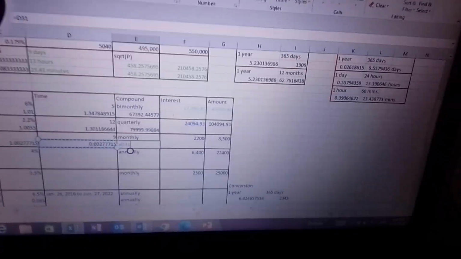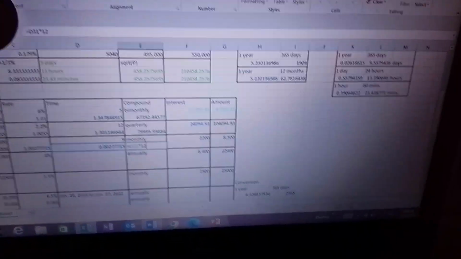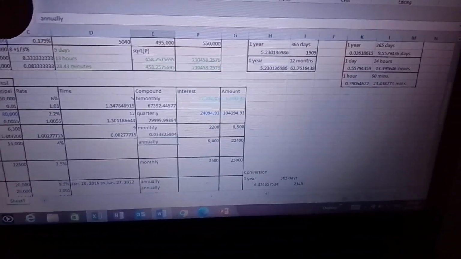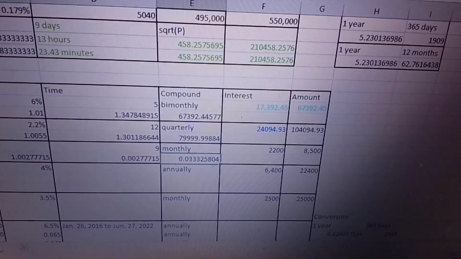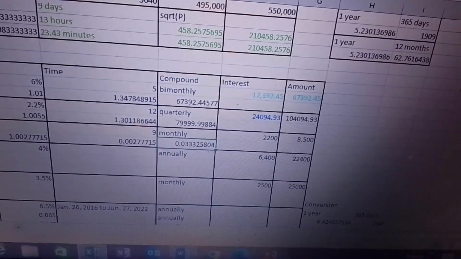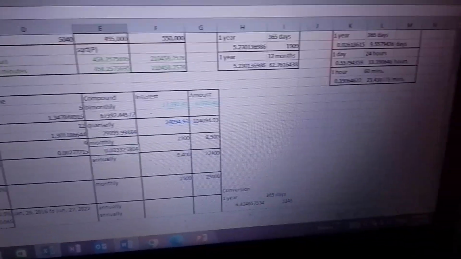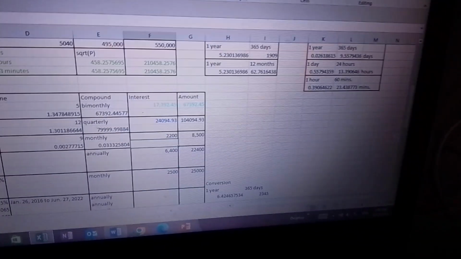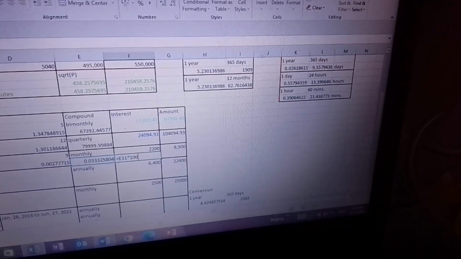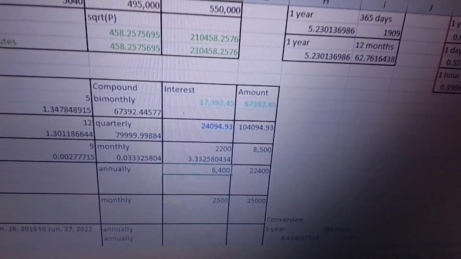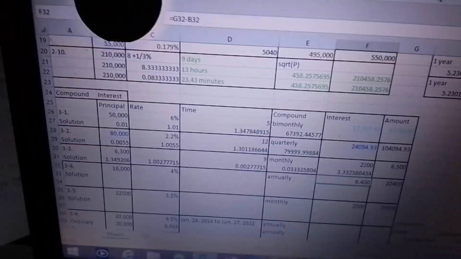And after that, we multiply that by 12. Multiplying that by 12, what answer do you get? You get 0.003. Diba? And we need to convert that into percent. So the last step that we need to do is to multiply this by 100. Multiplying that by 100, you get 3.33%. So therefore, that is the value of the rate.